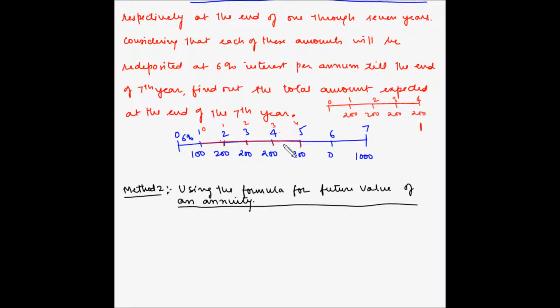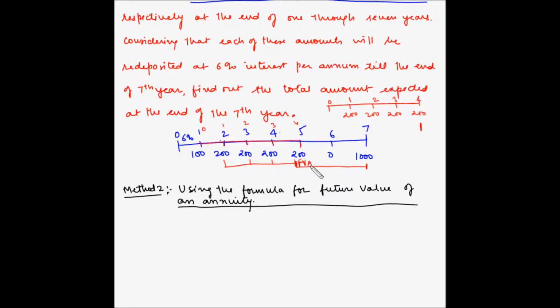So basically we'll get the future value of this stream of cash flows up to this point here. Now once we get the future value up to this point here, we can then find out the future value up to here for this amount. Let's say this is FVA.